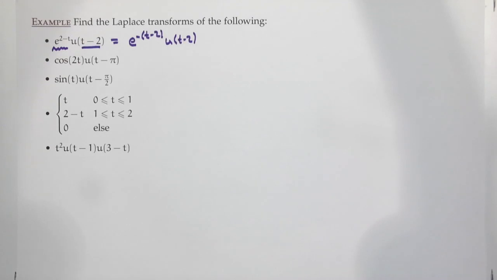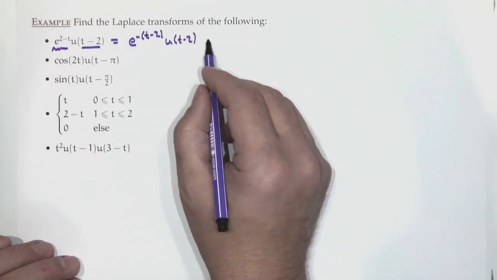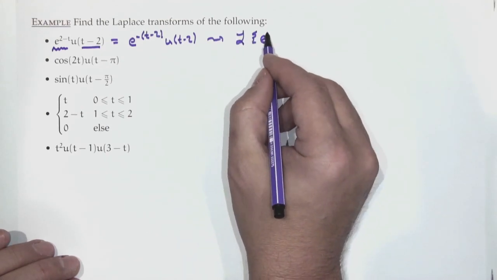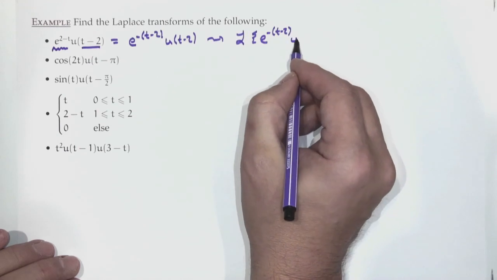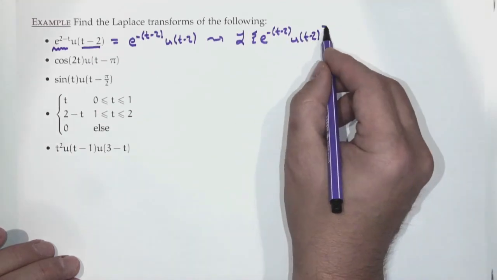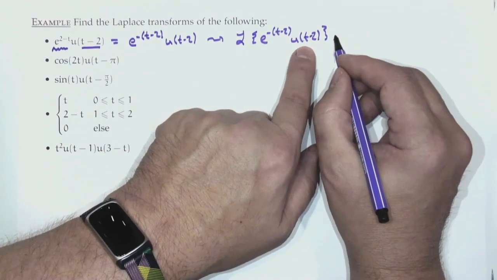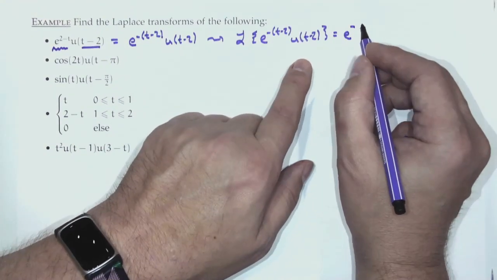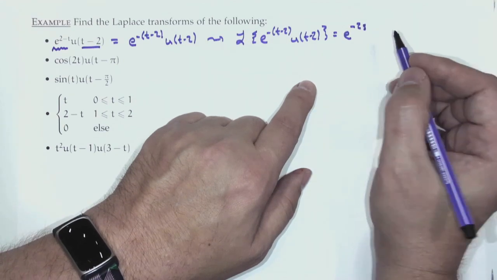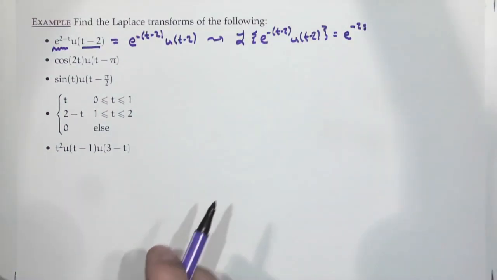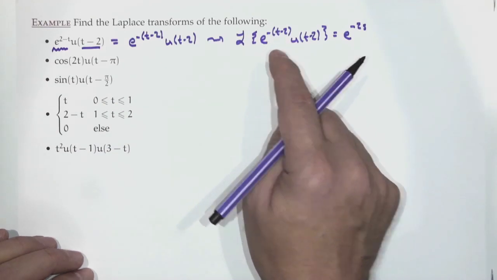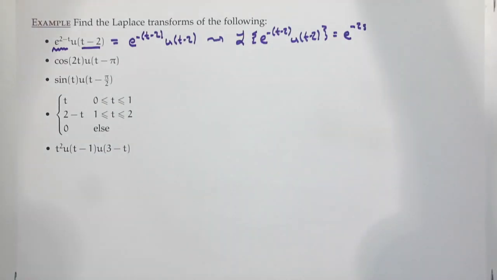All right, now we're ready to take the Laplace transform. So what's going to happen, we see that the Laplace transform of this expression, well, we see our u of t minus 2. That says there's a shift. So we're going to have e to the minus 2s. Now, what's our function? It's not e to the minus (2 minus 2). The function we're cluing off of is the unshifted function.